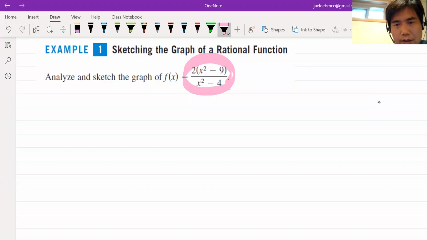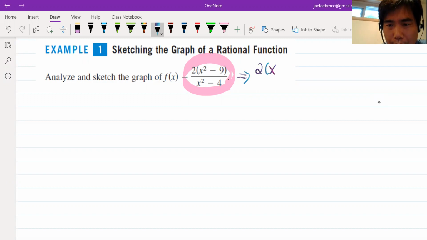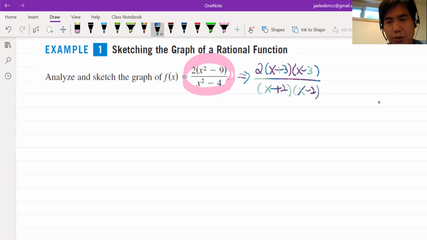So in this case, there are several factors we need to find out before finding critical numbers and the inflection point. First thing is the vertical asymptote, or also possibly discontinuous point values. So let's do it. I'm going to factor this one: 2(x + 3)(x − 3) over (x + 2)(x − 2).